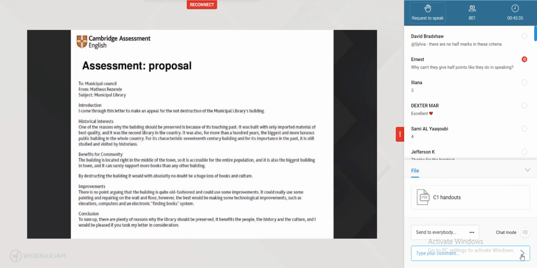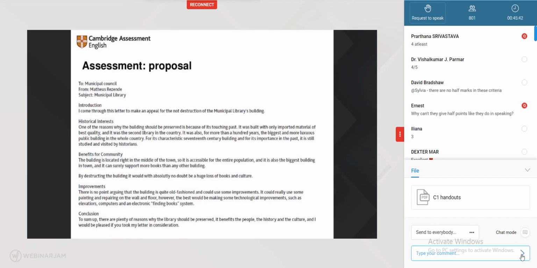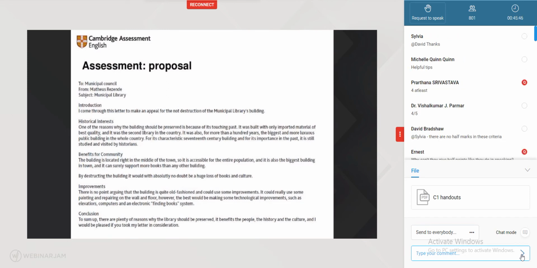What should we look at here, Victoria? I don't know. Language? Do you want to look at language? Organization? Language is quite a lot to look at in one go. Okay. I think let's maybe organization. Let's have a look at organization.